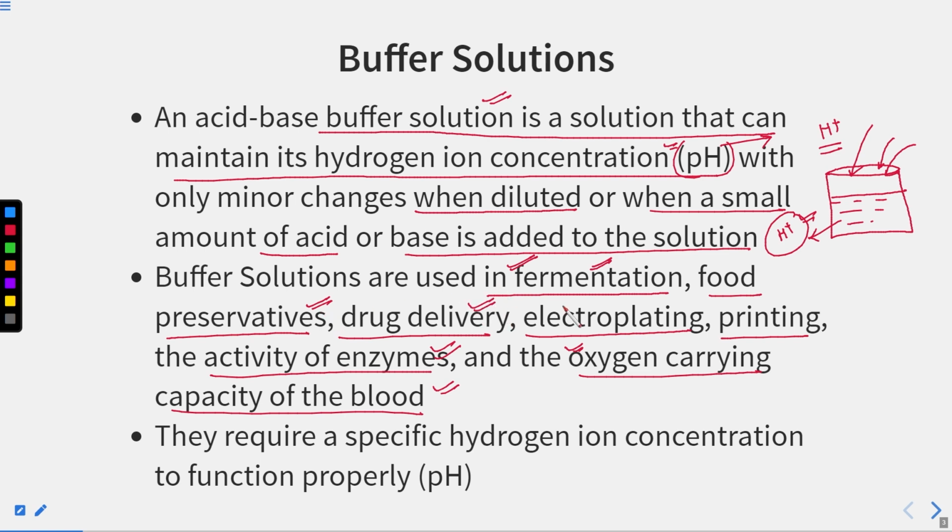Drug delivery, electroplating, printing, all these activities have buffer solutions, and they require a specific hydrogen ion concentration to function properly. So every example we are talking about has a particular hydrogen ion concentration. Every buffer solution has its own hydrogen ion concentration, which means it has its own specific pH.